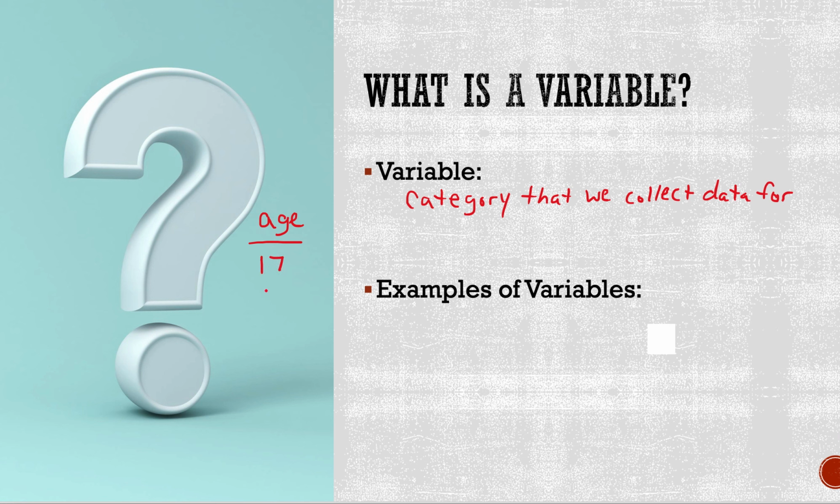The second person said they were 18. The third person said they were 16, and so forth. Okay? And so when I was done, I would have a category, which was age, that I collected data for. All right? So age is an example of a variable because it is the category that I can collect data for.